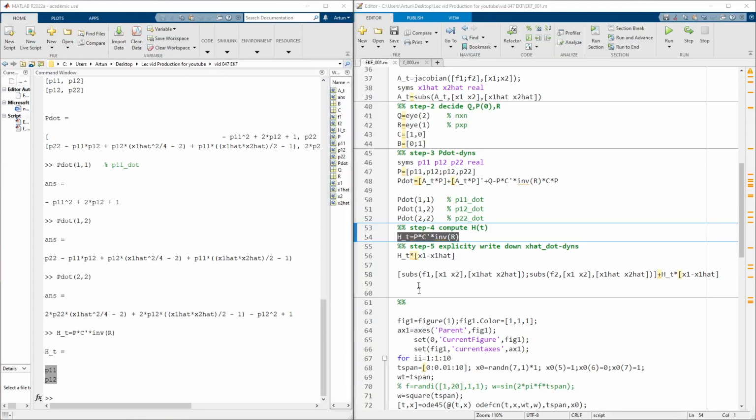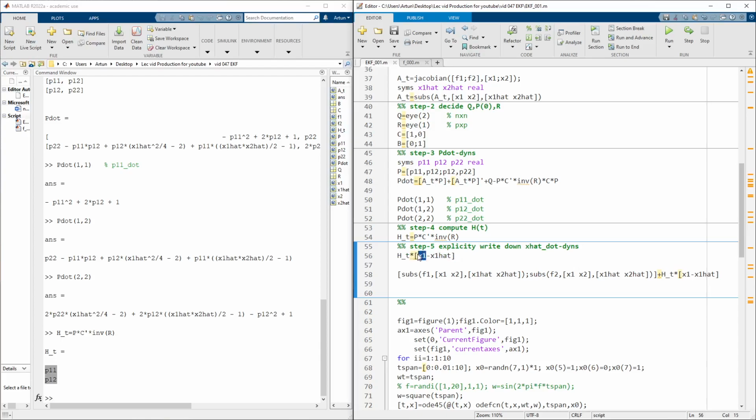First I wanted to look at this term, the second term in the general expression of the x hat dynamics on the right hand side. Why x1 minus x1 hat?